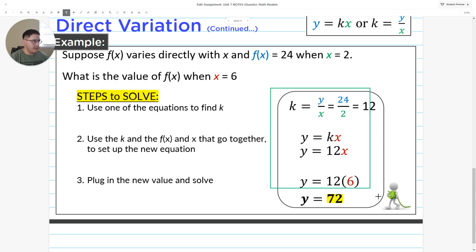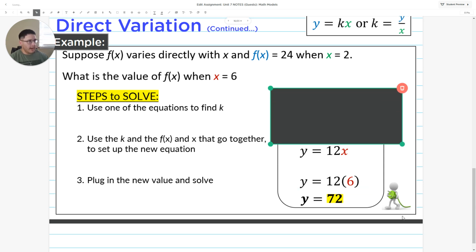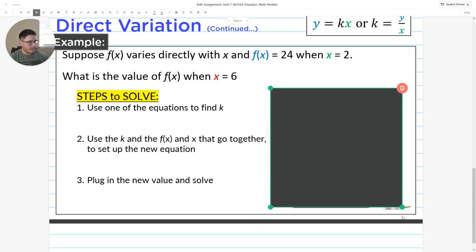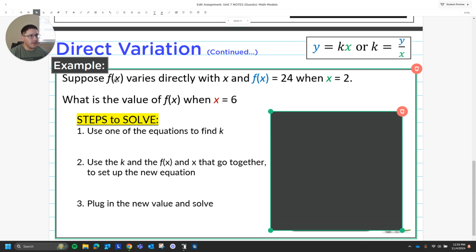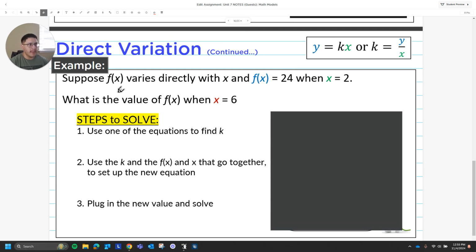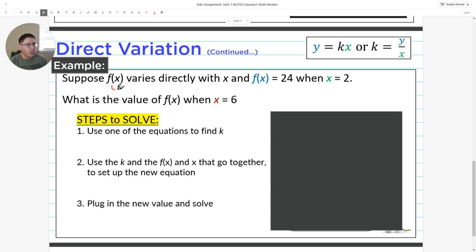Again, I'm going to cover the steps here and then reveal them as we go. But here's an example. Suppose f of x, another way of saying y, so suppose y varies directly with x.